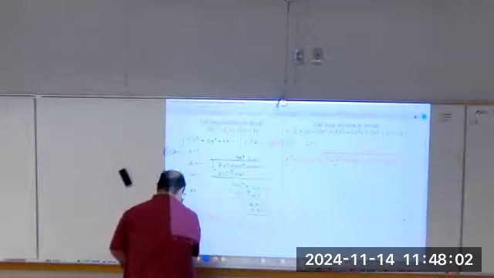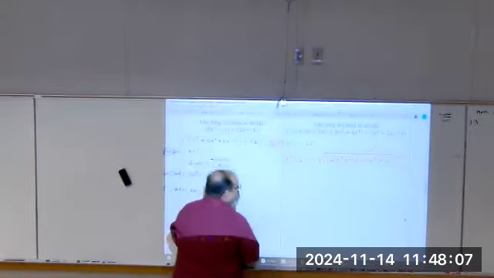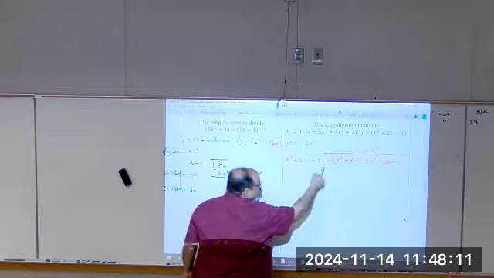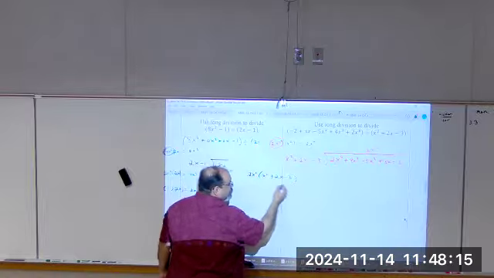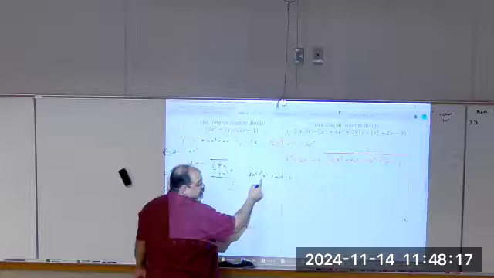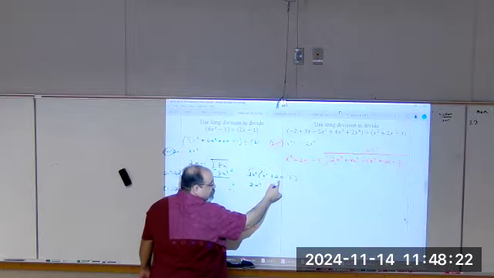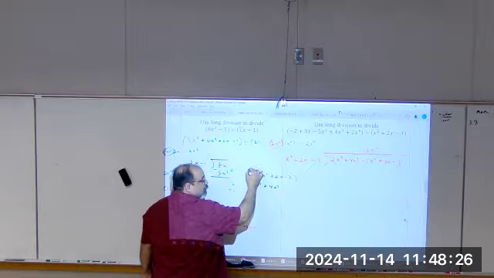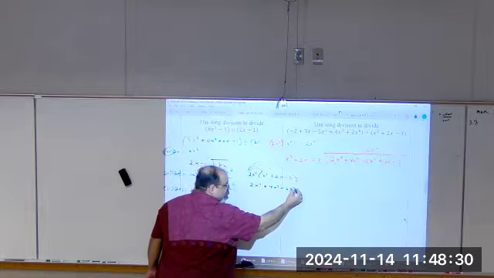Distribute. And again, if you have to write it on the side, that's fine. You have to go, all right, it's 2x squared times the whole divisor, x squared plus 2x minus 3. 2x squared times x squared, that's 2x to the 4th. 2x squared times 2x, that's 4x to the 3rd. 2x squared times negative 3 is minus 6x squared.